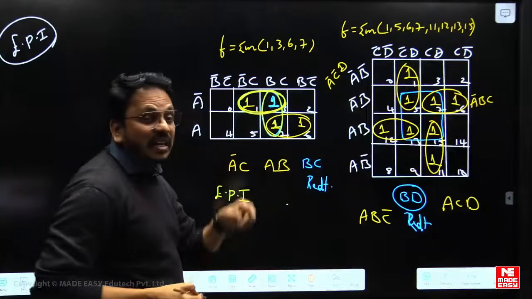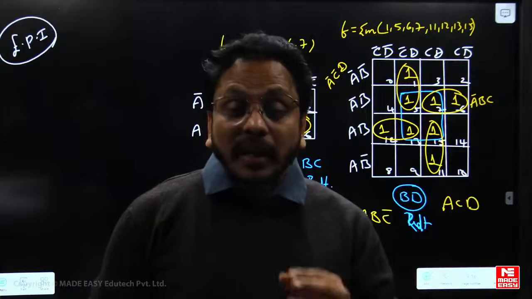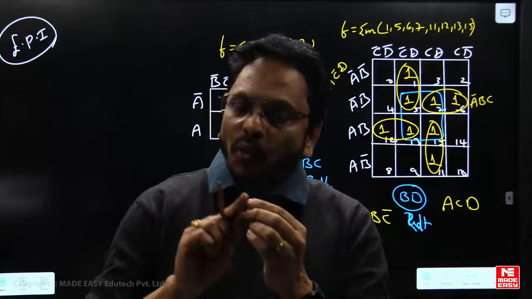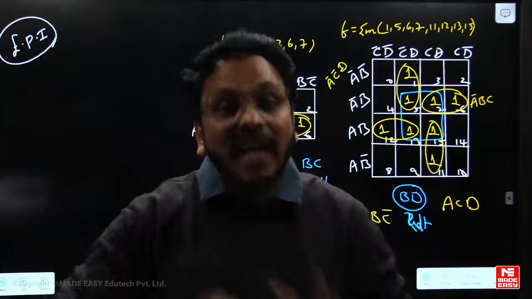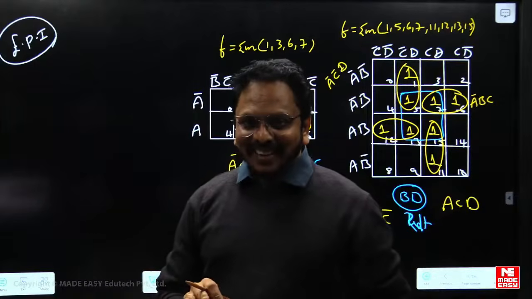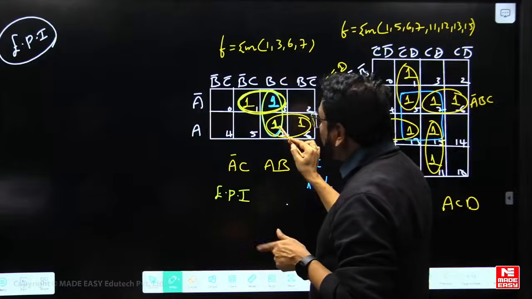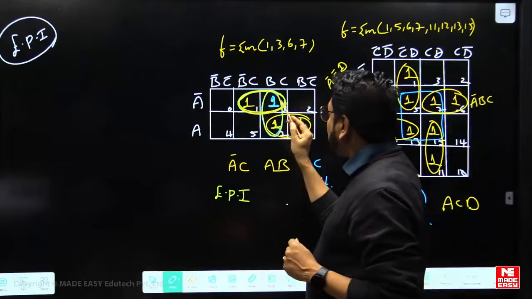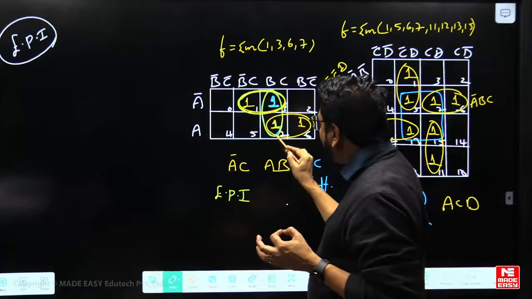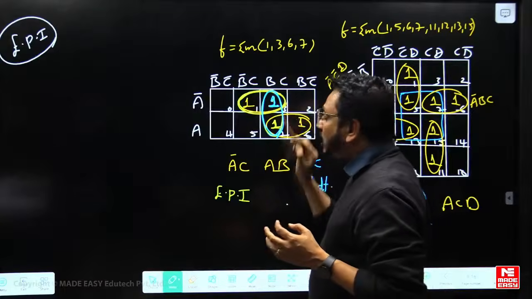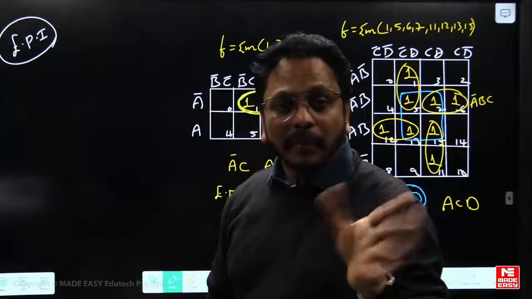That means based on that we cannot say it is an essential prime implicant, because वो one ऐसा रहा वो वहां भी ग्रुप बना रहा है और एक जगह भी ग्रुप बनाने के मौके में है वो. Able to understand? Okay, that means A1 इससे भी ग्रुप बना रहा है और A1 इससे भी ग्रुप बनाने का मौका उसको है. That means this one is able to get the group like this, and also this one can get the group by this one also. So this one fails to make that particular pair an essential prime implicant.